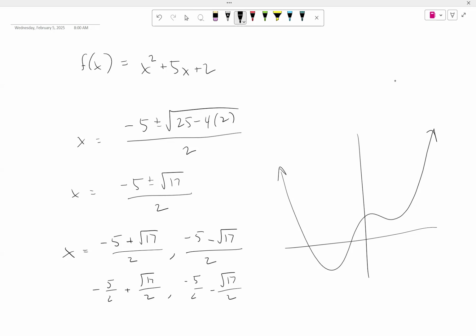The vocabulary word starts with a C. Does that make sense that these are conjugates? The conjugate of A plus B is A minus B. So these are conjugates.